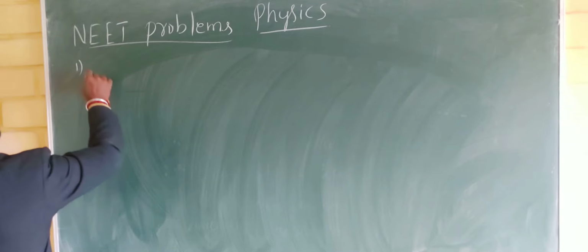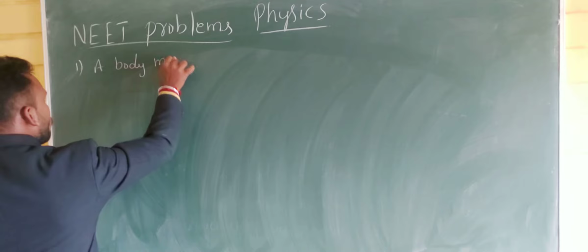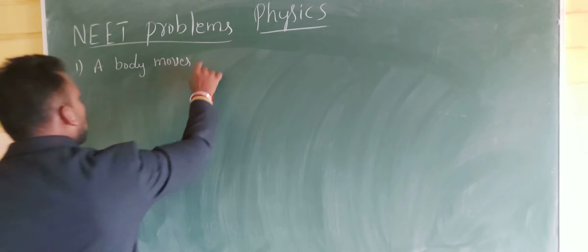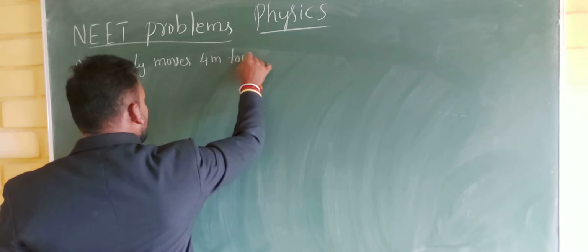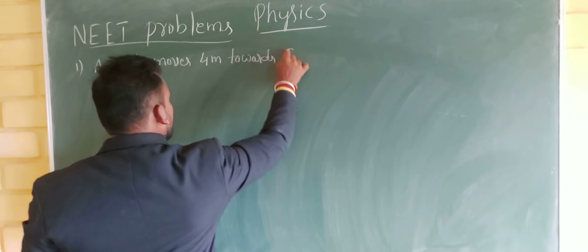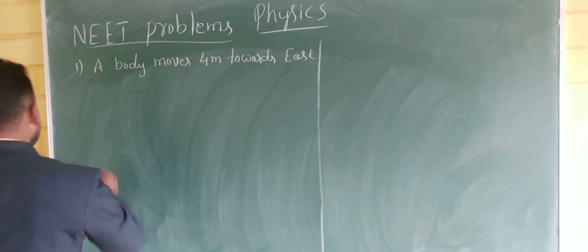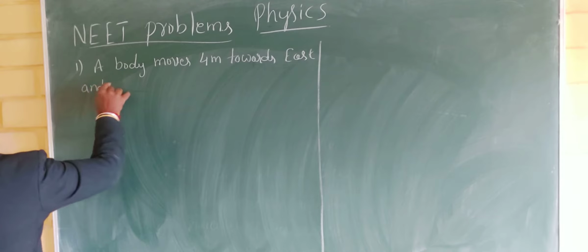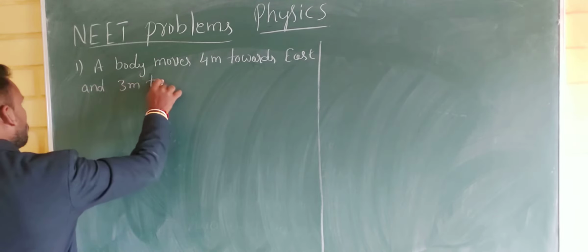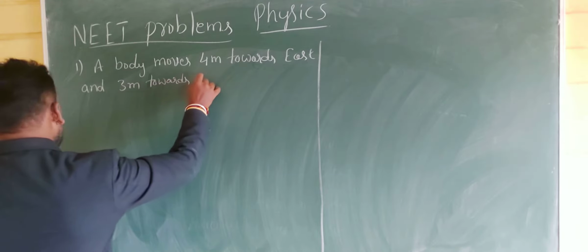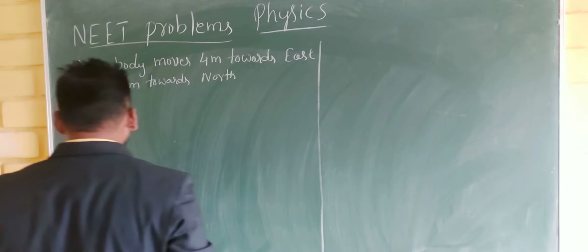A body moves 4 meter north, 4 meter towards east, and 3 meter towards north.